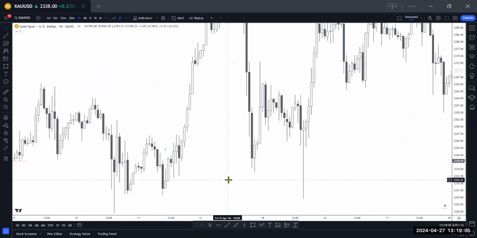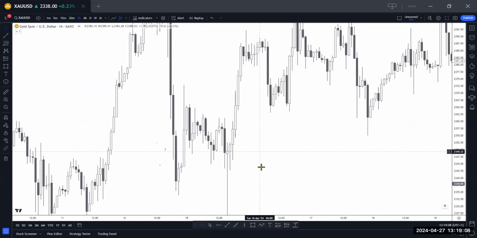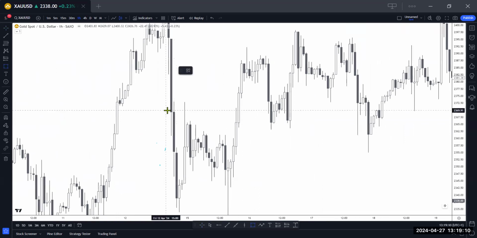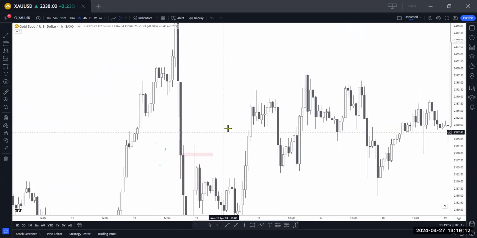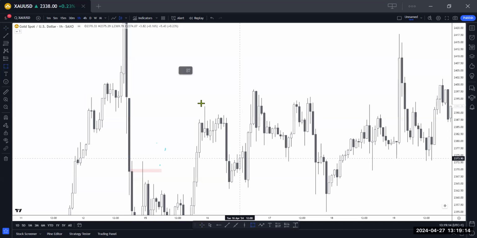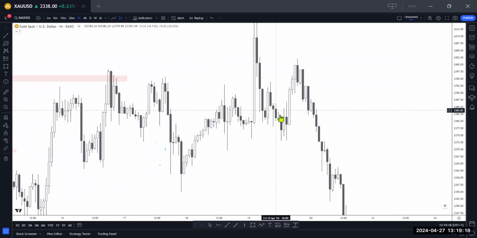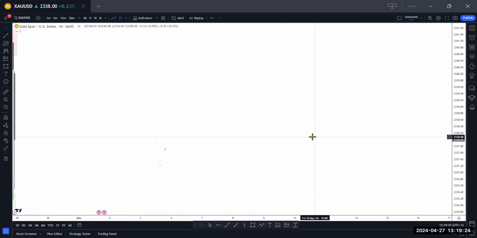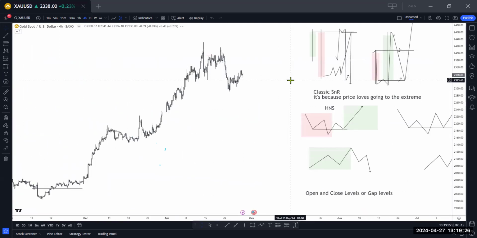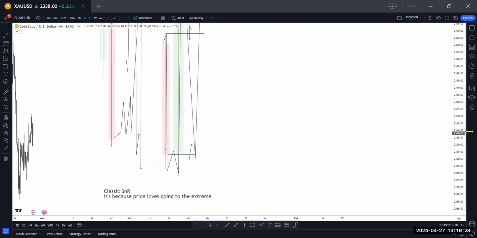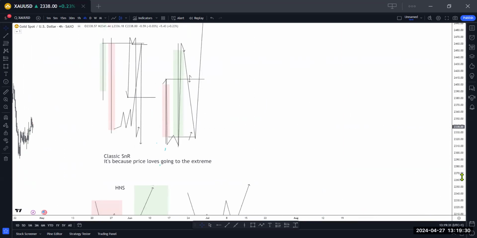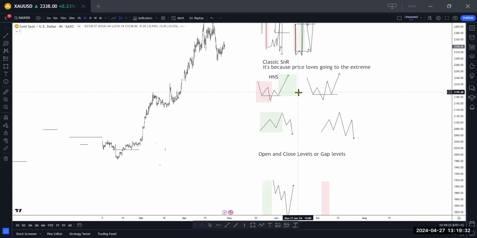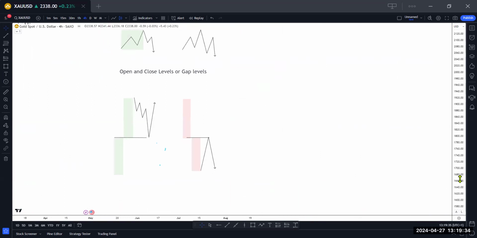Okay, another one, gap level. Another one, gap level. Okay, so that's that about gap levels. Gap levels are very important. So we've seen classic scenarios, we've seen engulfings, we've seen HNS, we've seen gap levels.